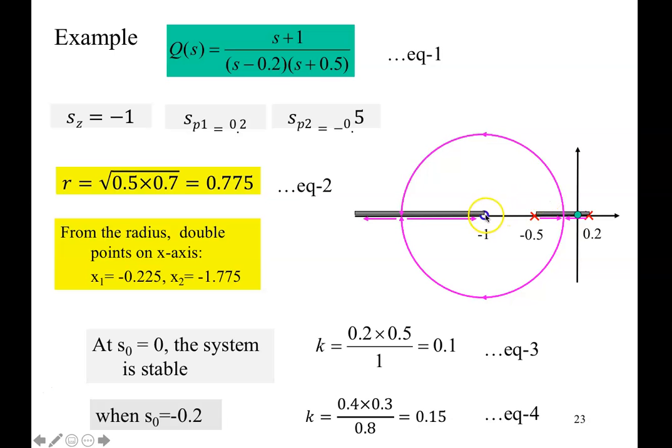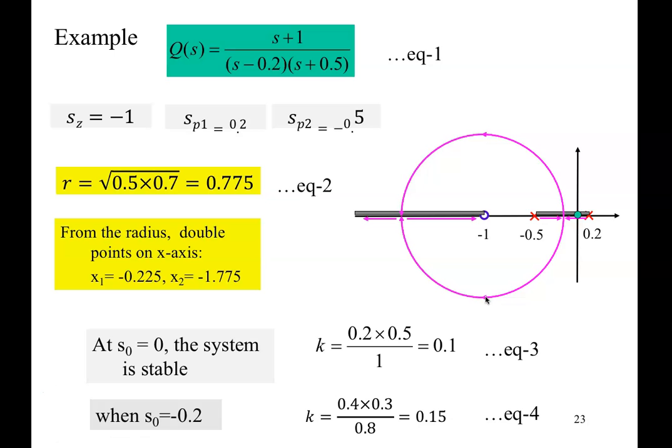So the center is here, the radius is 0.775. So this point must be minus 0.225. You can mark it here. This point is minus 1. This distance is 0.775, so this point must be minus 1.775. So everything will be there. The arrows, okay? Don't forget to mark the arrows.